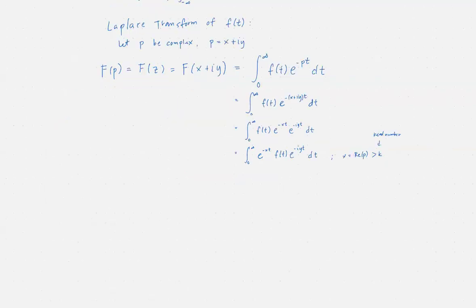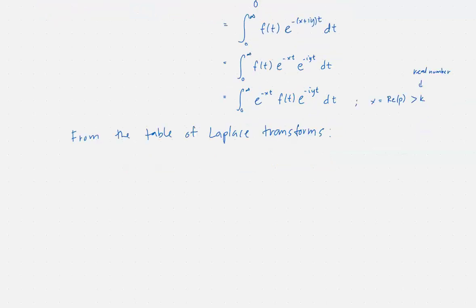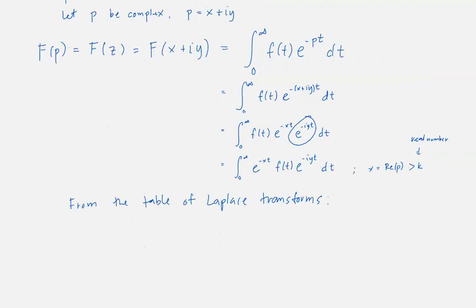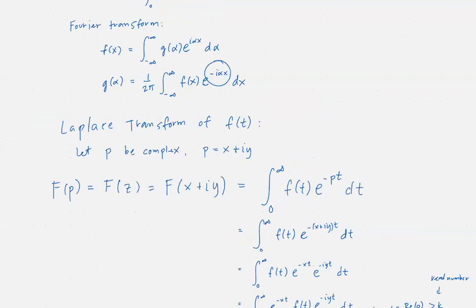So from the table of Laplace transform, our e raised to negative iyt actually corresponds to this one because we have a negative i there, right? So negative i alpha t. So you can compare alpha to y and x to t, all right?